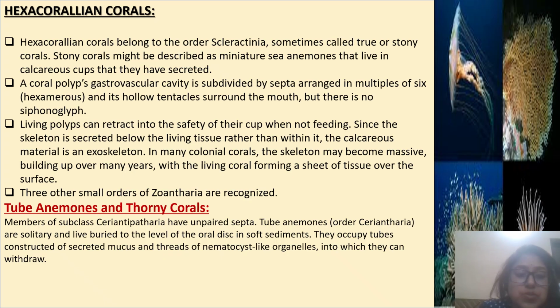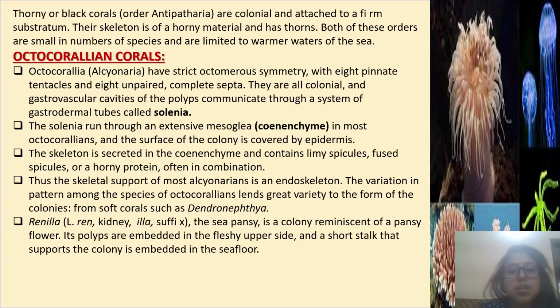They occupy tubes constructed of secreted mucus and threads of nematocyst-like organelles into which they can withdraw. Next, thorny or black corals are colonial and attached to a firm substratum. Their skeleton is of a horny material with thorns. Both of these orders are small in number of species and are limited to warmer waters of the sea.